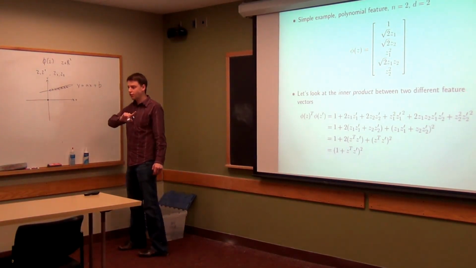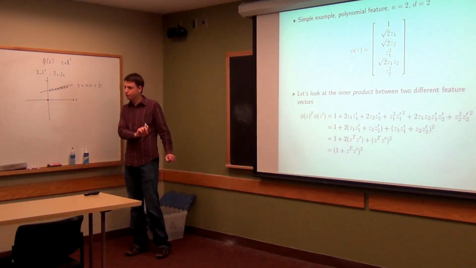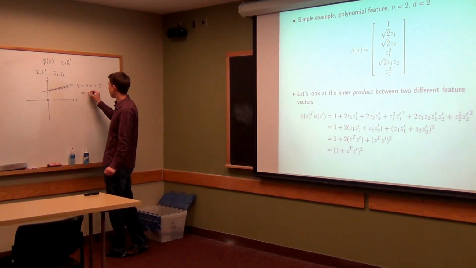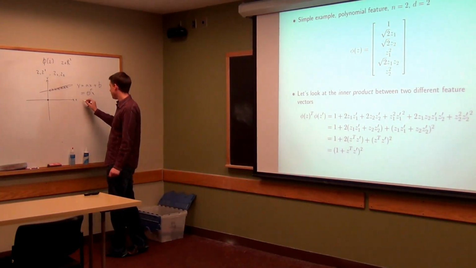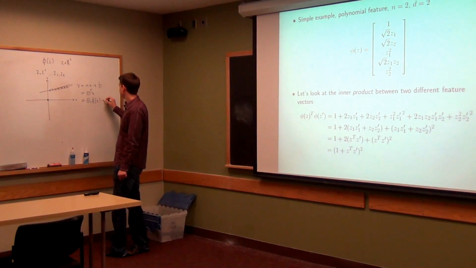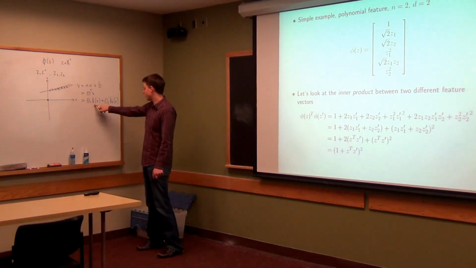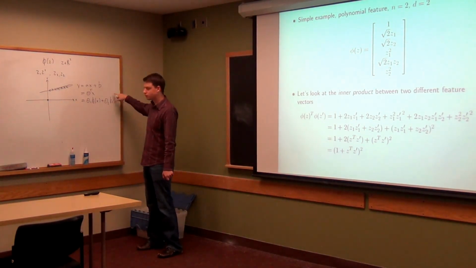So the 1 term in the feature vector lets the corresponding theta term, because remember our output really is equal to theta transpose x, which equals really theta 1 times the first feature plus theta 2 times the second feature. And so whichever one is 1, I'll just say this one is 1.